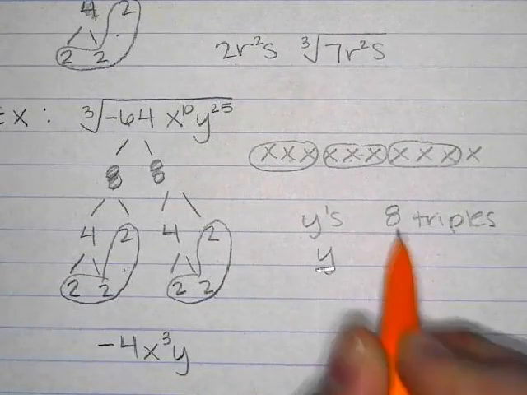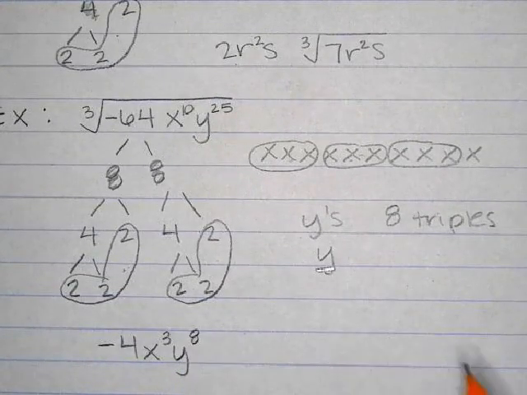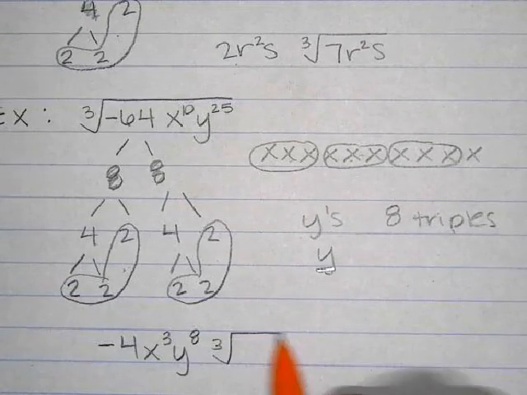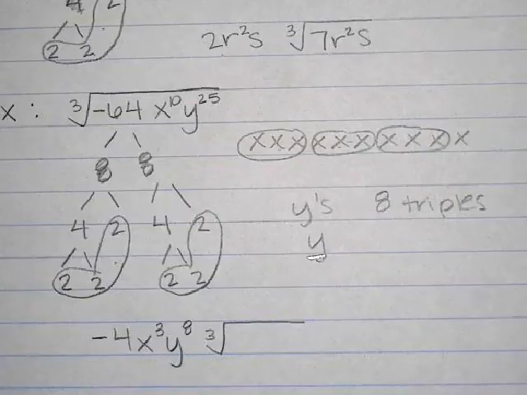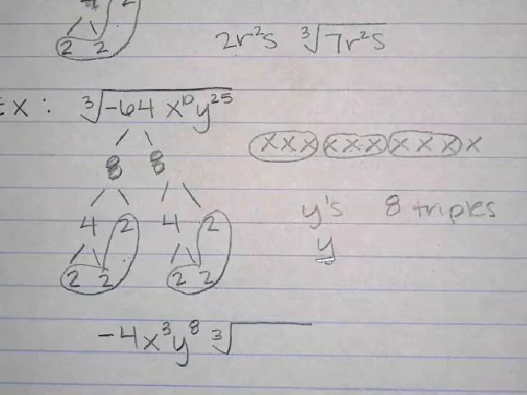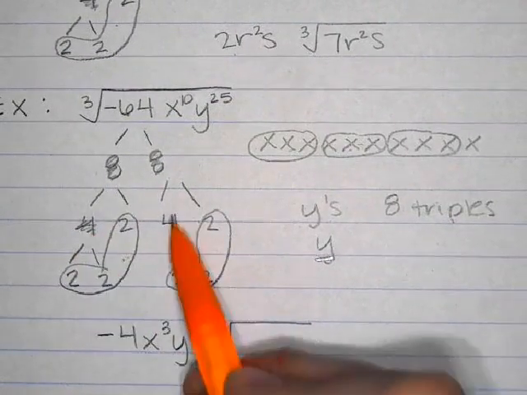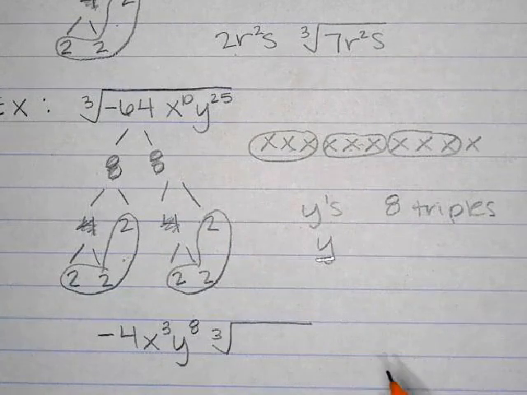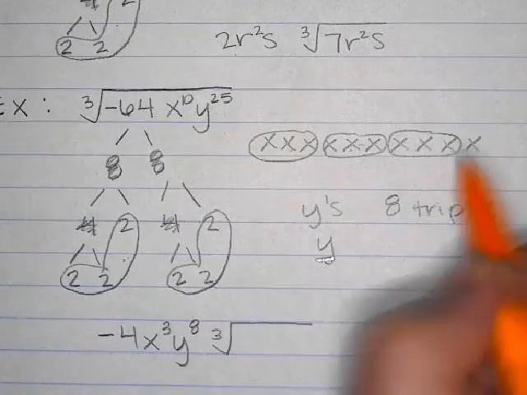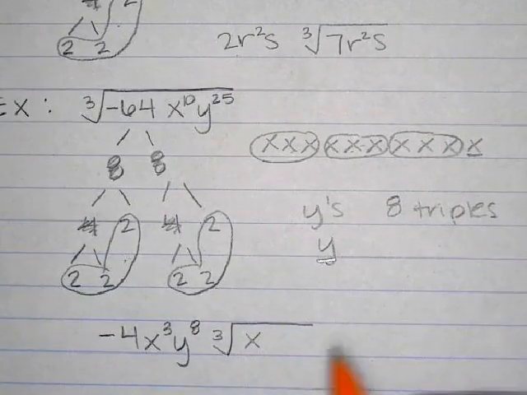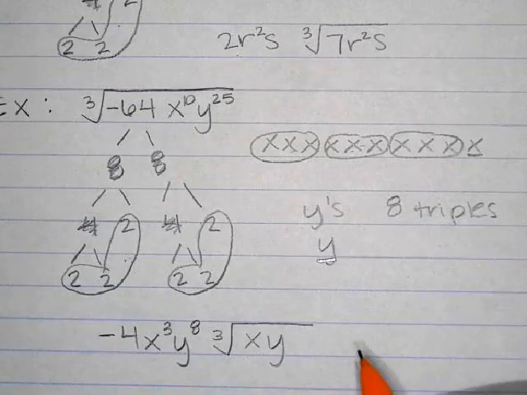Now we're going to do the inside. Is there any number that belongs inside? No, there were no singletons left over. The 4 we broke down, so we're not using that. Any leftover x's? Just 1, right? And how many leftover y's? Just 1. How do we feel? Pretty easy? Okay.